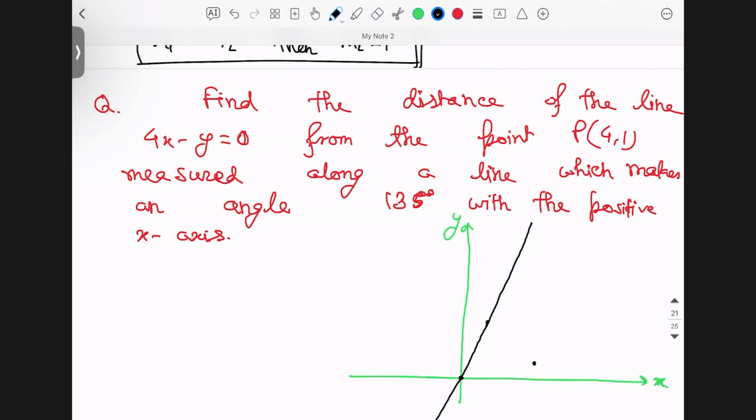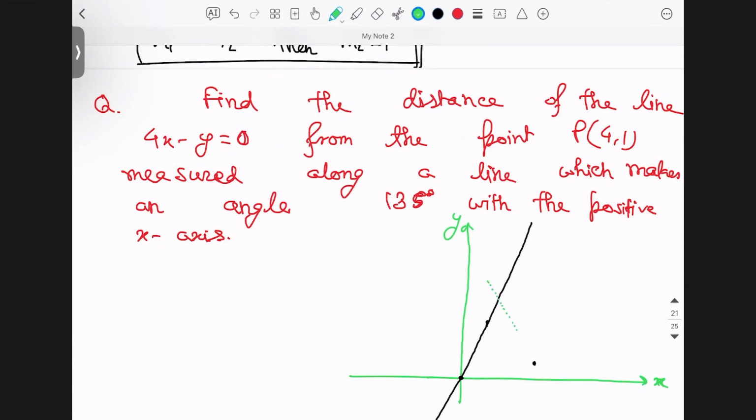And we need to find the distance of this point from the given straight line along the line which makes an angle of 135 degrees. So we need to draw another straight line.